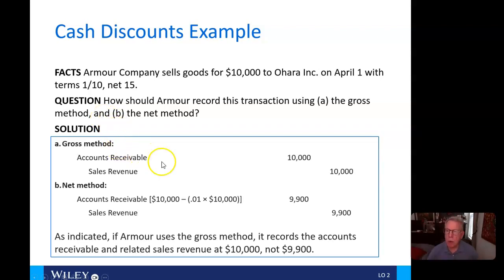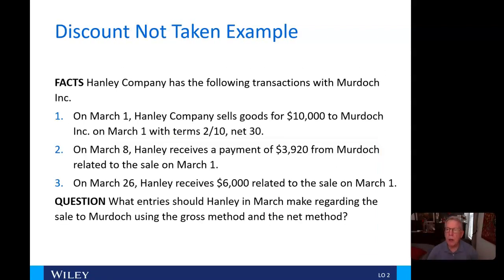If we use the gross method, we're simply going to take this $10,000 and set it up as a receivable and record the revenue. Now, if it's a net method, we show the receivable assuming that the customer is going to take that prompt payment discount, in this case, 1%. So 1% is $100, and we subtract that from $10,000 to get $9,900.